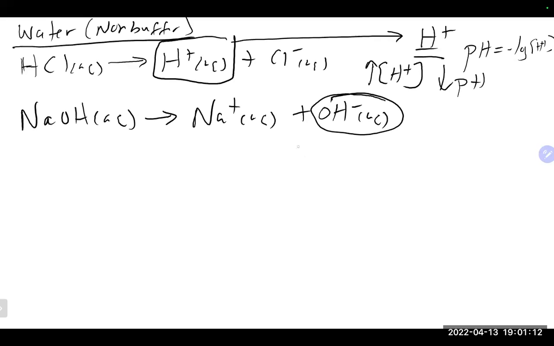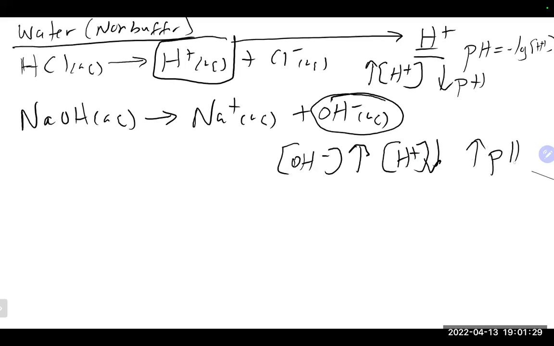That's important because as the OH minus concentration increases, what happens to the H plus concentration? It decreases. So we just filled up the beaker with a bunch of OH minuses. That means my pH should head which way? pH should go up. We just increased the base part of that solution, and we're going to see a very big jump in pH.